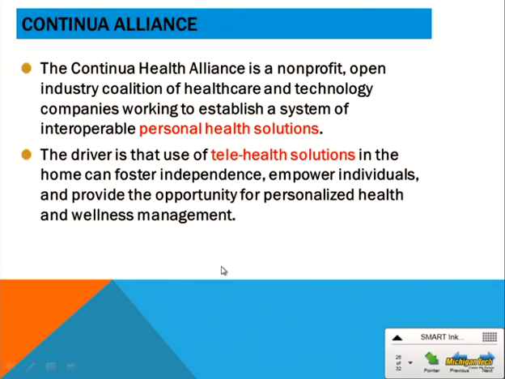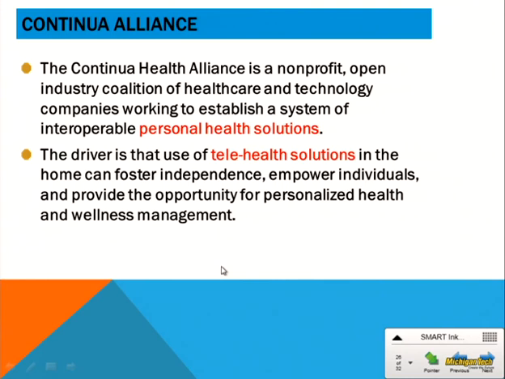Another is the Continua Alliance. For this one, in fact, it is also a non-profit organization. Originally, it deals with personal health solutions. For example, telehealth solutions in the home, and so on. So this is especially for personal stuff, for wearables management.